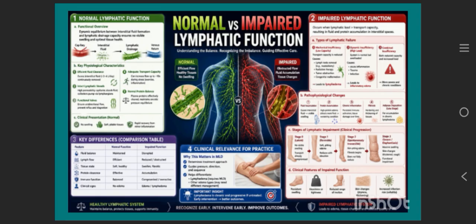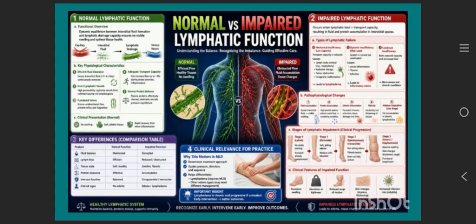Thirdly, it does not fully reduce. Stage 3 is severe, the elephantiasis stage. Firstly, massive swelling. Secondly, skin changes, thickened and rough. Thirdly, functional impairment. These are the stages of lymphatic impairment regarding clinical progression.